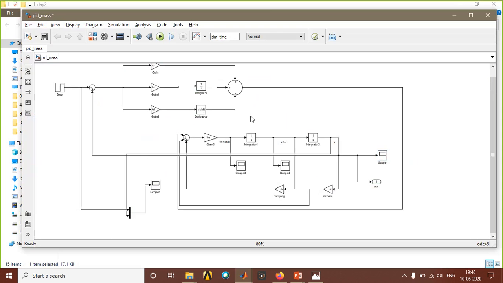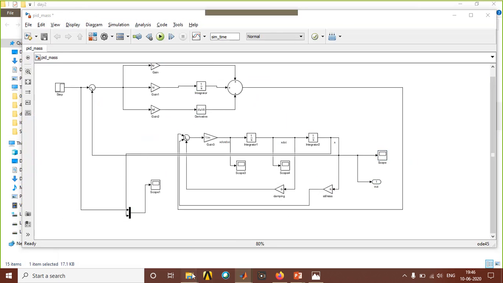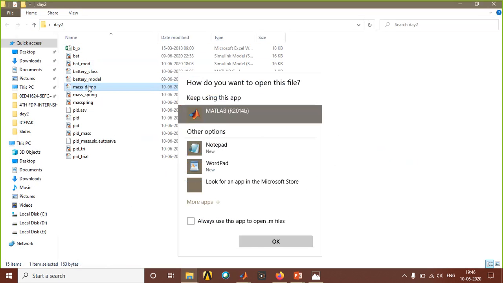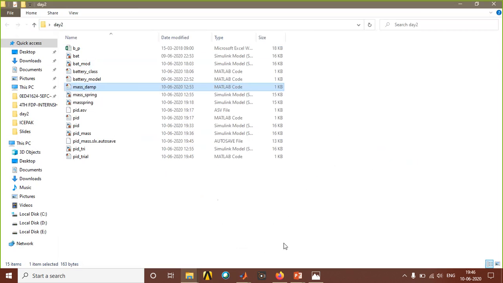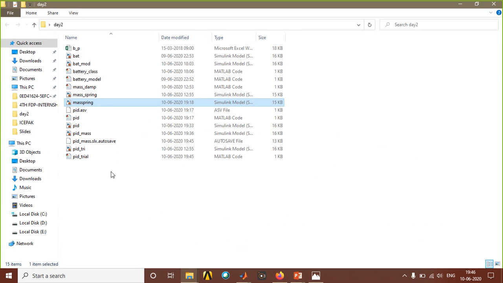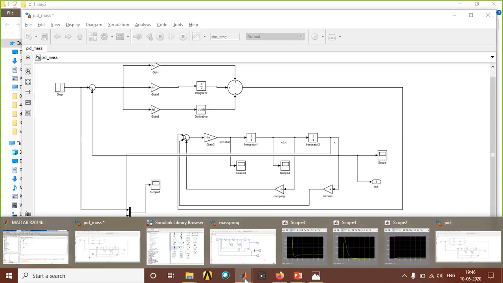Yes, both are working fine independently. Error signal. Okay, let me try to open the model which I already made. Bat model, mass damper. Mass spring, it is fine. Guys, 2 minutes, because if you face an issue, definitely we have to troubleshoot that. We have to find the error. So everything was fine separately.